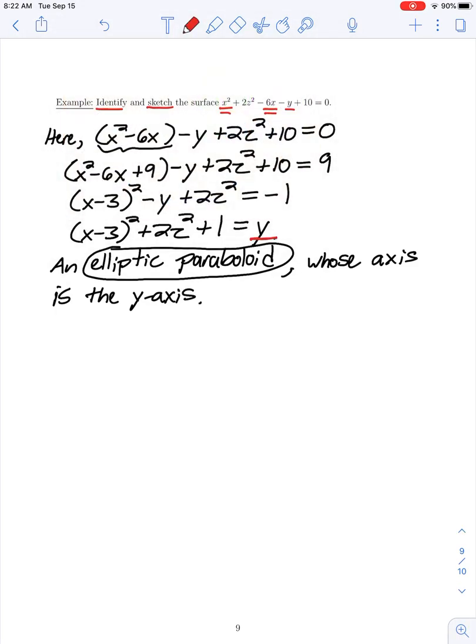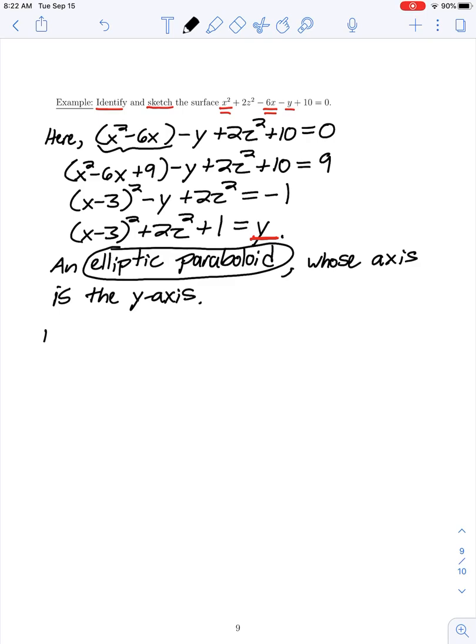Why the y-axis? Well, the only variable involving that first power was our variable y. So we had mentioned there that our axis for that paraboloid would be the y-axis. So in order to sketch this thing, well, let's think about traces in different planes.